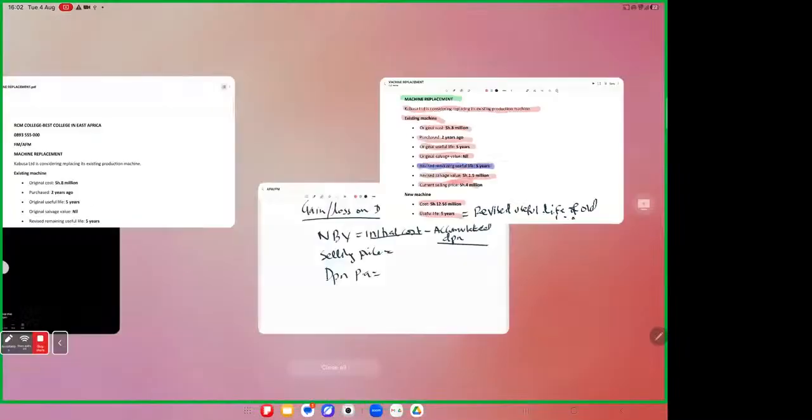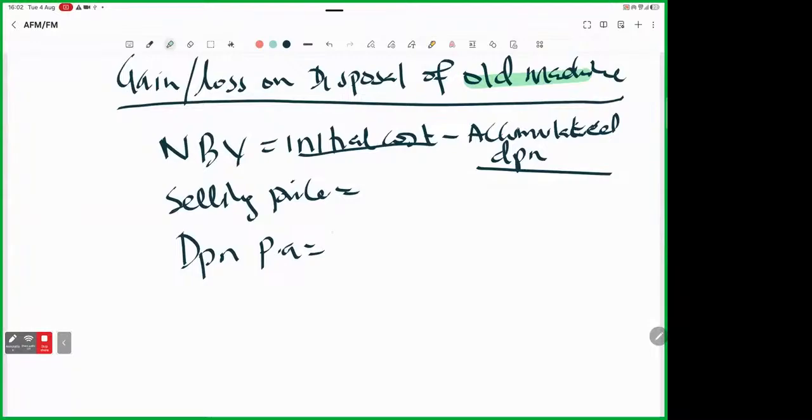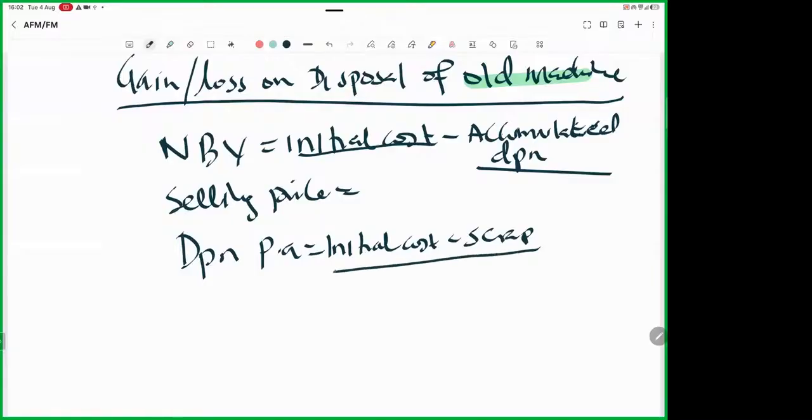Now, ladies and gentlemen, remember, our depreciation here will be initial cost minus scrap, all over number of years. The initial cost of the old machine you have told me was 8,000. I can cut these 3 zeros, so it was 8,000.